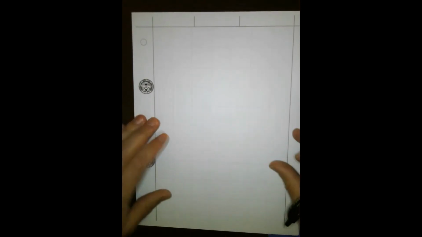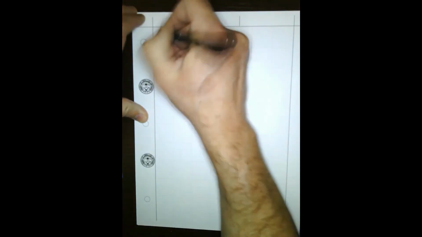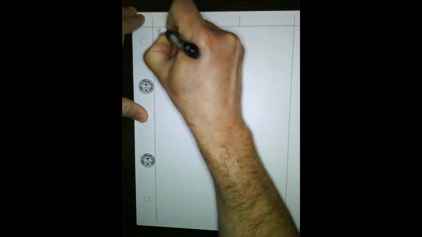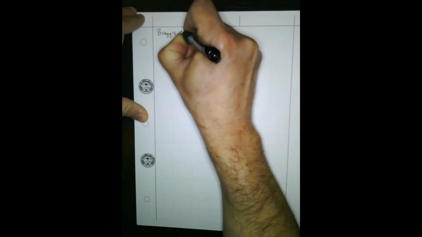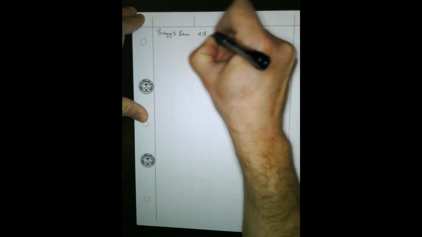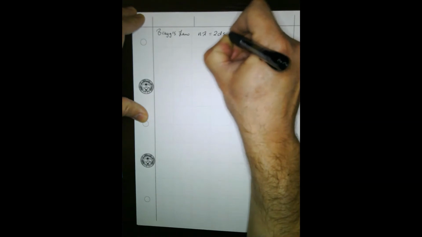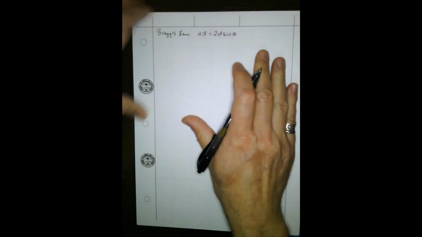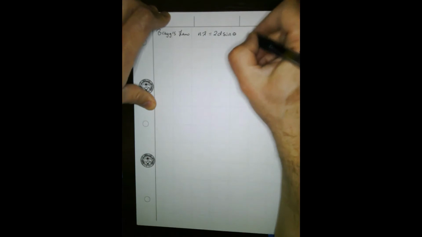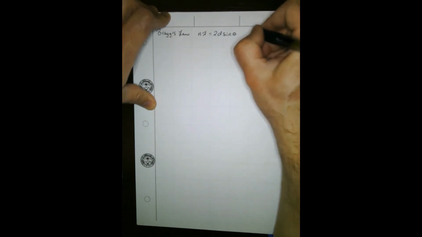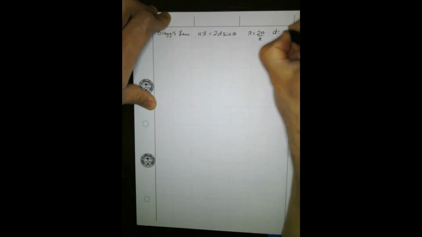Okay, we're familiar with Bragg's law: n lambda equals 2d sine theta. From what we worked out before, we know that lambda equals 2 pi over k. We're dealing with a one-dimensional lattice, so d in this case is equal to a.